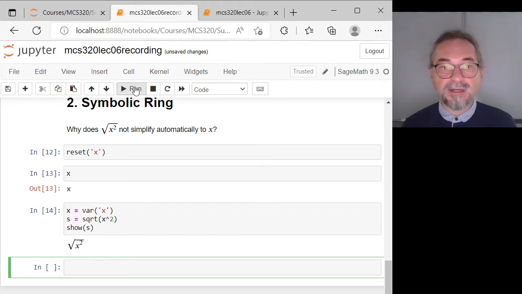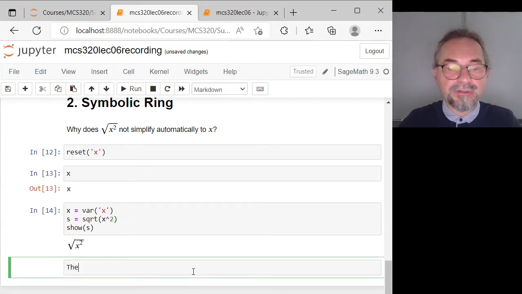Why is that? Well, just in case we forgot the previous lecture on complex numbers, if x can be complex, the square root function is double valued for x a complex number.